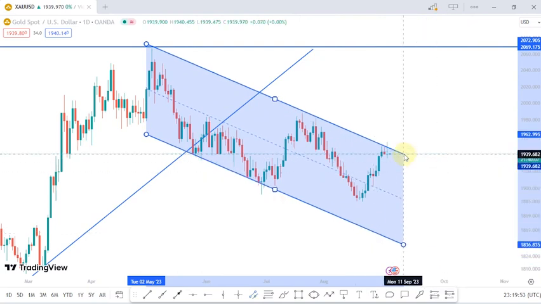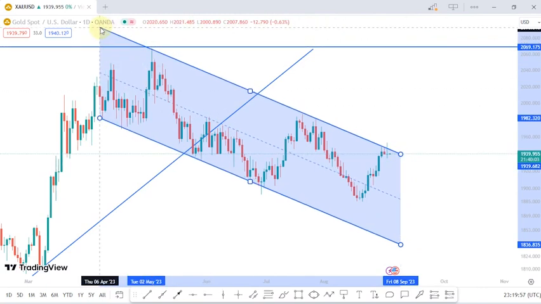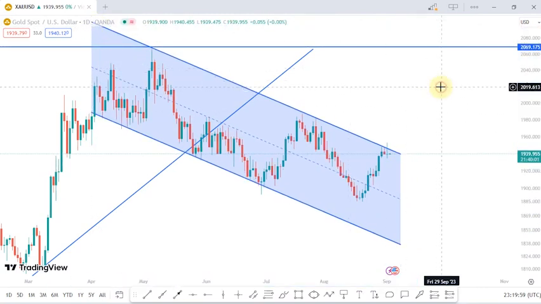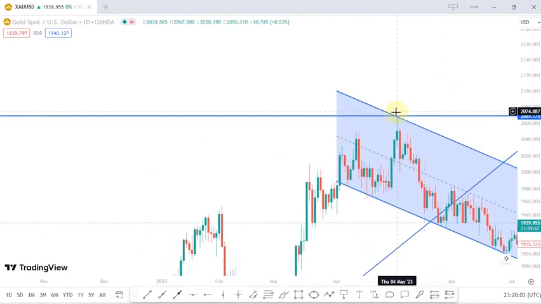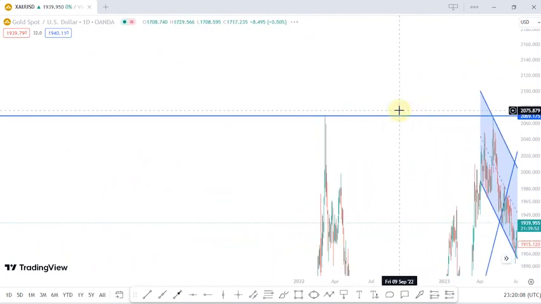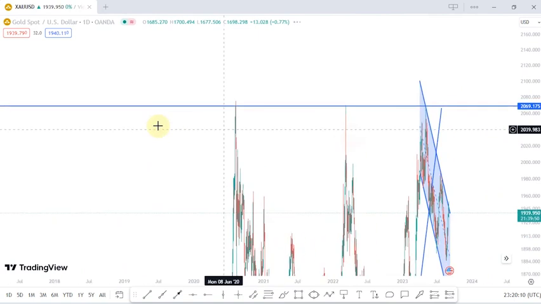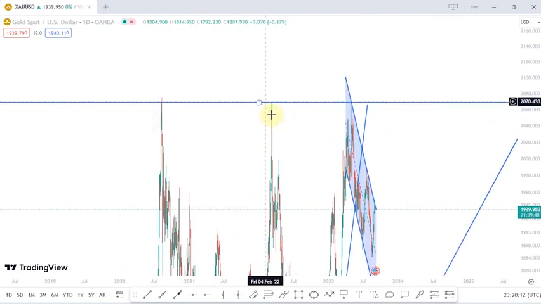Okay, so this is a nice channel. This is what gold is doing at the moment after hitting our third top. As you can see, we have the first top, second top, and the third top here.